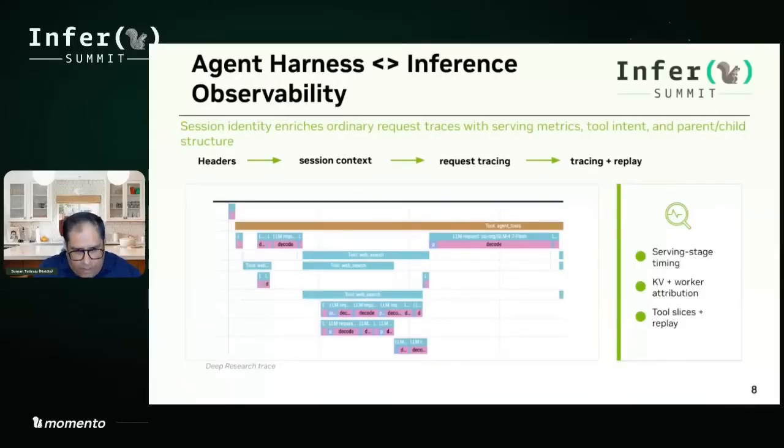Even if the harness doesn't emit events to Dynamo, Dynamo can still figure out through its metrics and from the session IDs when a tool call happened. It can infer from all of this. So we have built a smart system where even if harnesses don't send us events, we will be able to show the end-to-end agent graph.